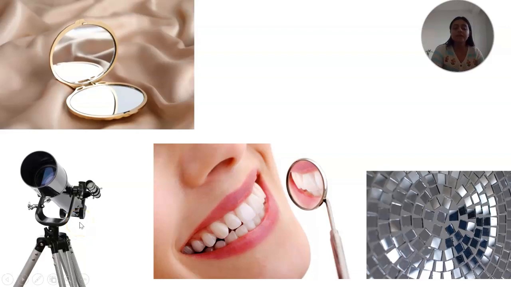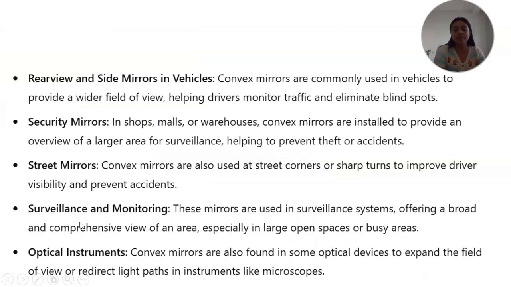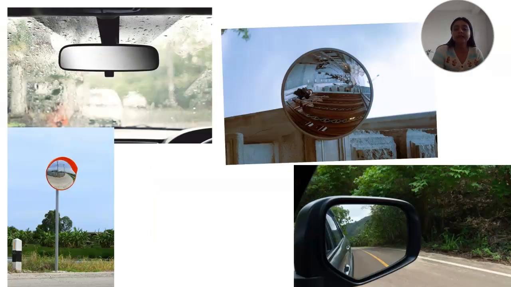So there are two types of spherical mirrors, the concave one and the convex one. Convex mirrors are used as rear view mirrors like this, so that you can have a wider field of image, a wider view of an object.